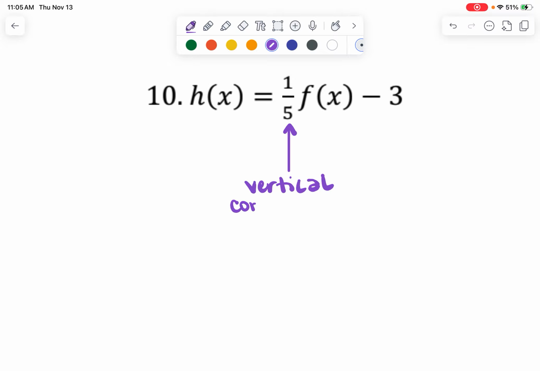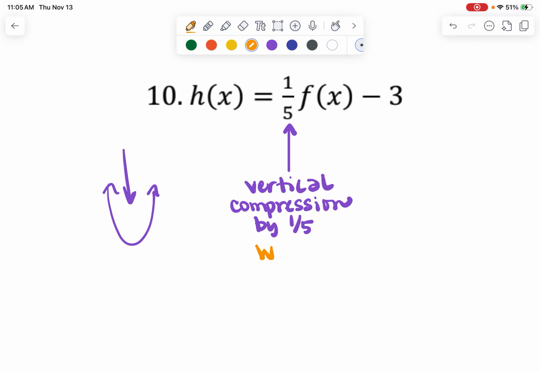So this is a vertical compression by 1/5, which means we are pushing this parabola down with our hands, right? It's like we're on the arrows and we're pushing it down. And if I vertically compress something downward, his only option is to get wider. Right? He has nowhere else to go but out. Okay.